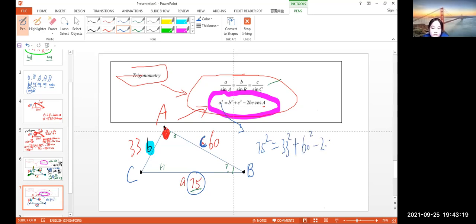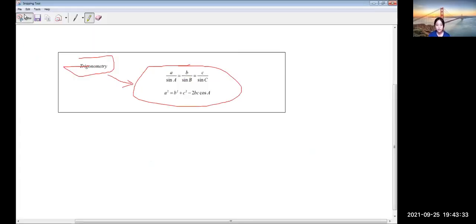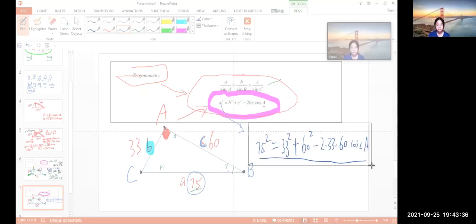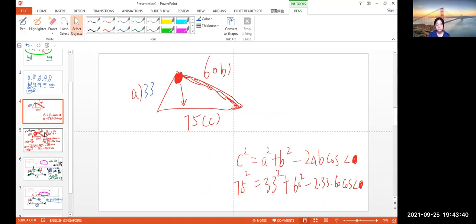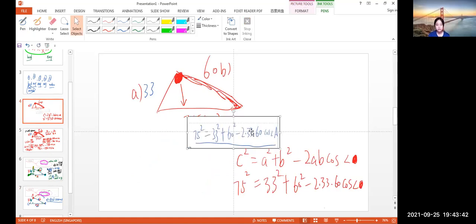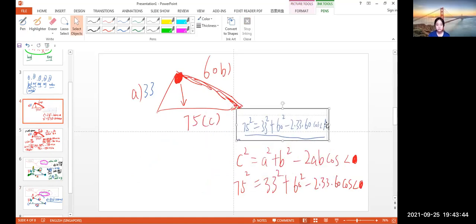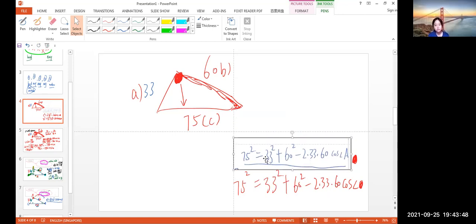Minus 2 times 33 times 60, then cosine angle A. Compare these two just now. When we get this out, you will see that these two look similar. Can you see? You see or not?